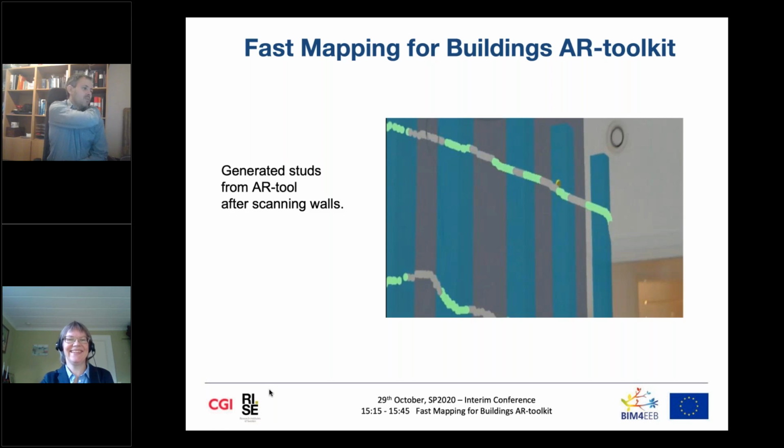Here is an example of a scanned wall. You saw this wall before, and you see that there will be some beams that hold up the walls. And when you have the glasses on, you see the green dots here.